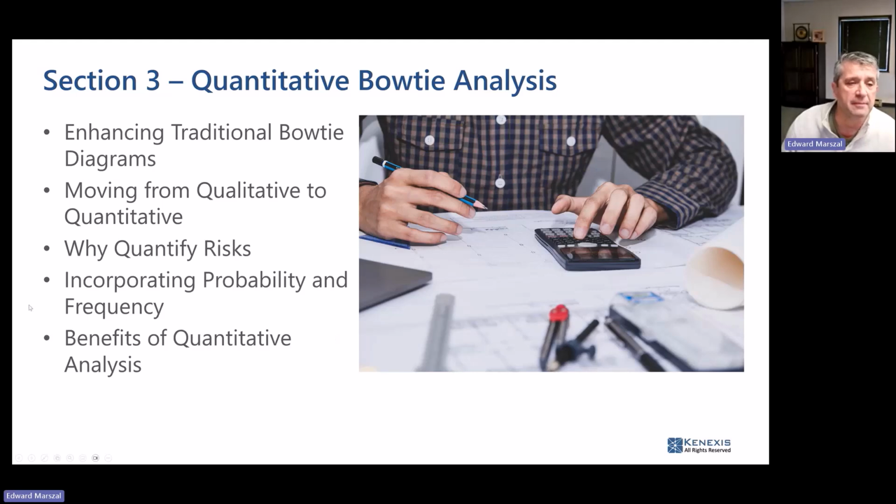So what we're talking about here in quantitative bow tie analysis is we're going to enhance a traditional bow tie diagram by actually putting numbers on it to calculate the frequency of consequences ultimately, so that we can compare them against tolerable frequencies. We're going to explain how we move from qualitative to quantitative, and we're going to have a little bit of a discussion of why you want to quantify risks.